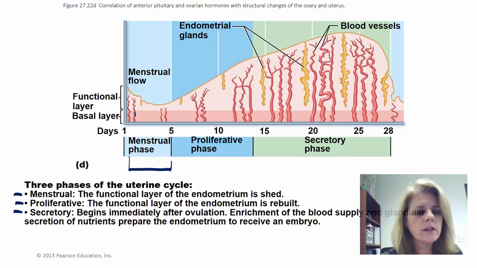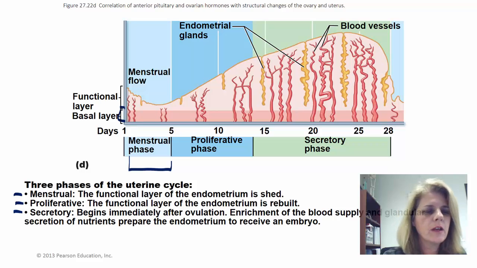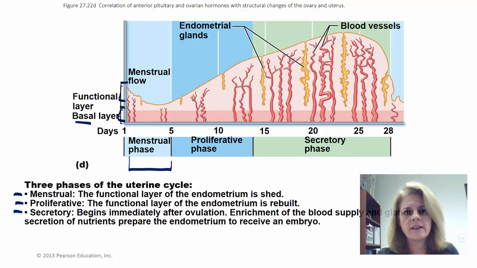The uterus has two layers, a basal layer and a functional layer. The basal layer stays there, but the functional layer grows and becomes thicker, and is then shed each month. It grows in anticipation of possible fertilization and implantation of a baby.